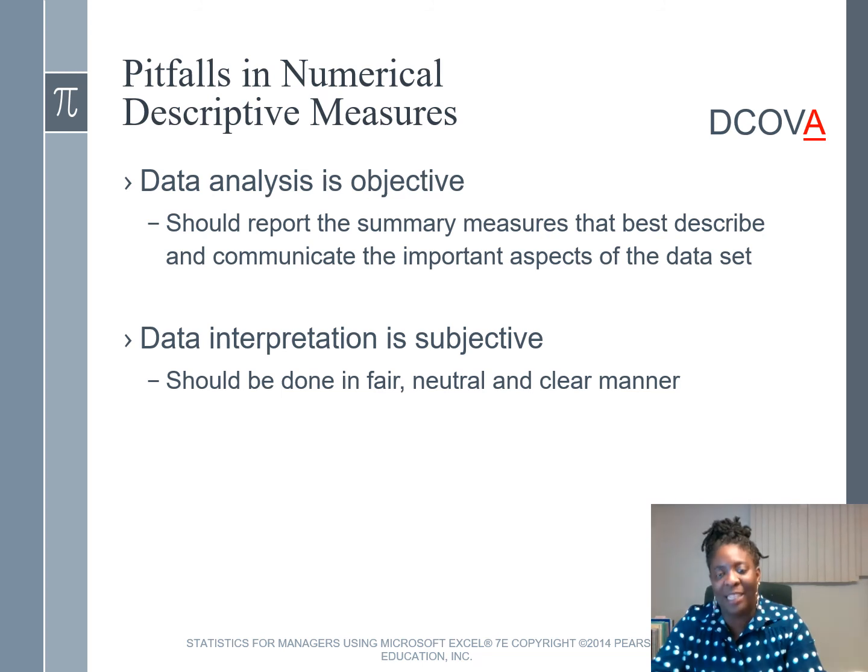You've messed with the data and created results that can't be applied to the population and also can't be objectively recreated. So you should report the summary measures in data as best you can, and then communicate the important aspect of the data. Interpret it, but communicate the data as is, and interpret with care and common sense.